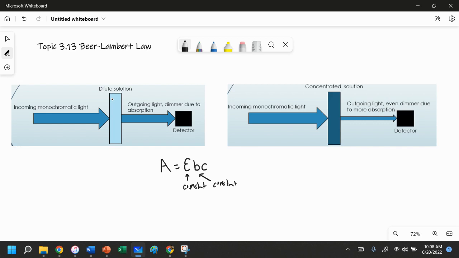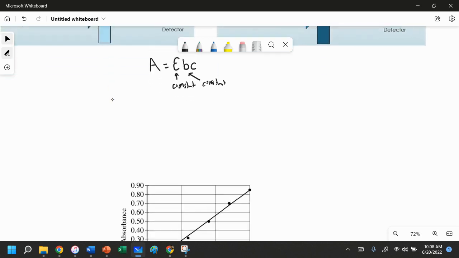And so if we do an experiment, we can measure the absorbance based on known concentrations, and then we can determine the concentration of an unknown solution based on a graph of the absorbance versus concentration for known solutions. So let's look at an example of this.